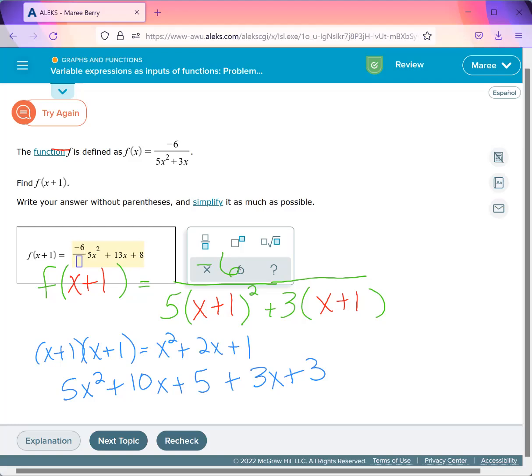I totally forgot to put that in as a fraction, something that's very common, happens a lot, which drives everybody crazy. Plus 13x plus 8. I focused on the denominator and didn't even put in my numerator. Here we go, recheck.